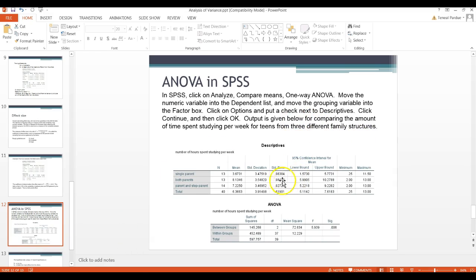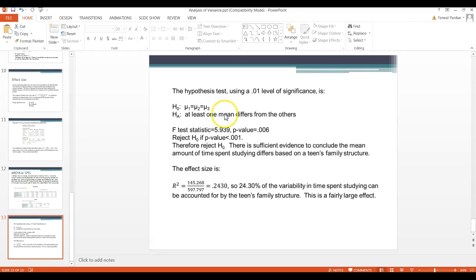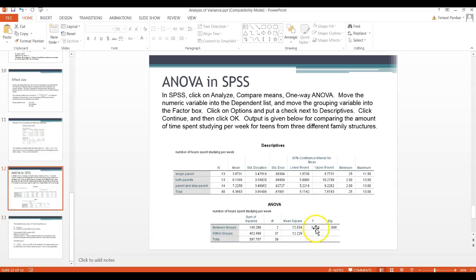So copy that over, and we've got three different groups. So our null hypothesis is mu1 equals mu2 equals mu3. The alternative hypothesis, as it always is for ANOVA, is that at least one of the means differs from the others. From the output here, we see that the F-test statistic is 5.939, and the p-value is 0.006.